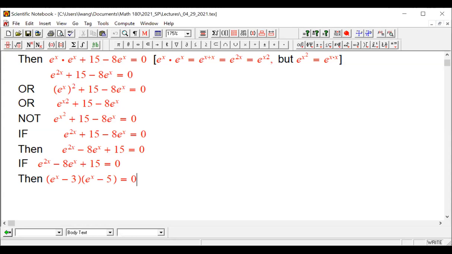As you can see, from this step, it goes to this step. That's correct. It goes to this step.